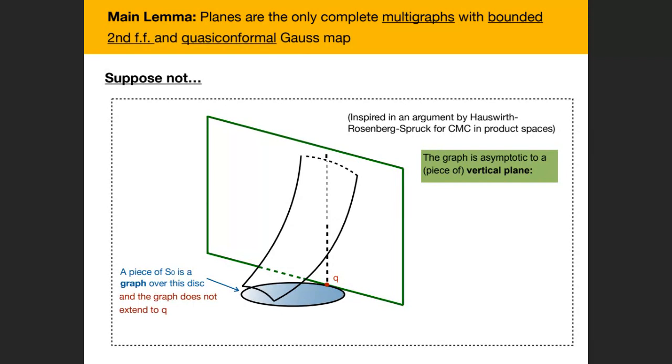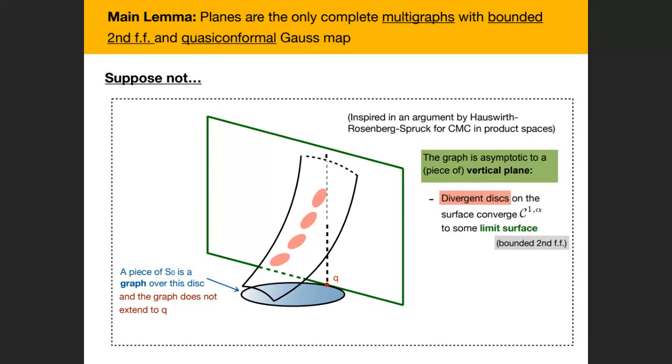Okay, so the idea is the following. Take a sequence of divergent disks in the surface as you are approaching this Q. Okay, so this is the piece of your surface that is a graph and cannot be extended to Q as a graph.